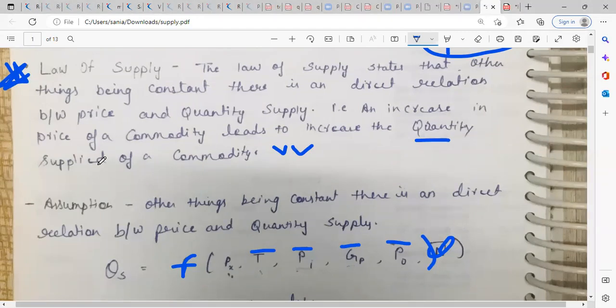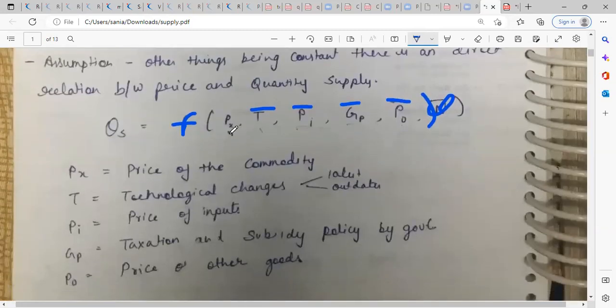When we are talking in context of price, there are so many factors like technological changes, price of imports, government policies. But when your supply is affected due to your price, it is known as quantity supplied.